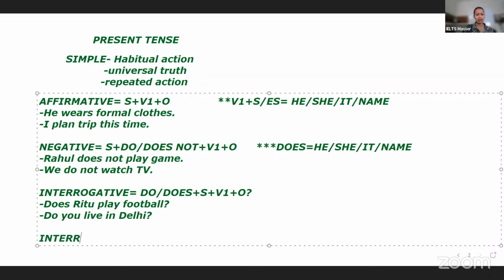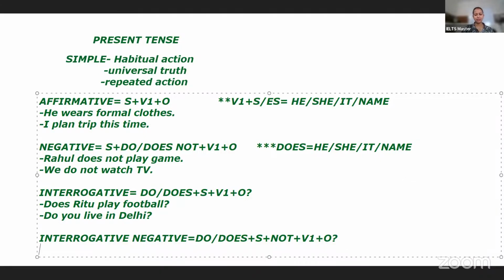Similarly, we also have interrogative negative. In interrogative negative, we have do or does plus subject plus not and this.